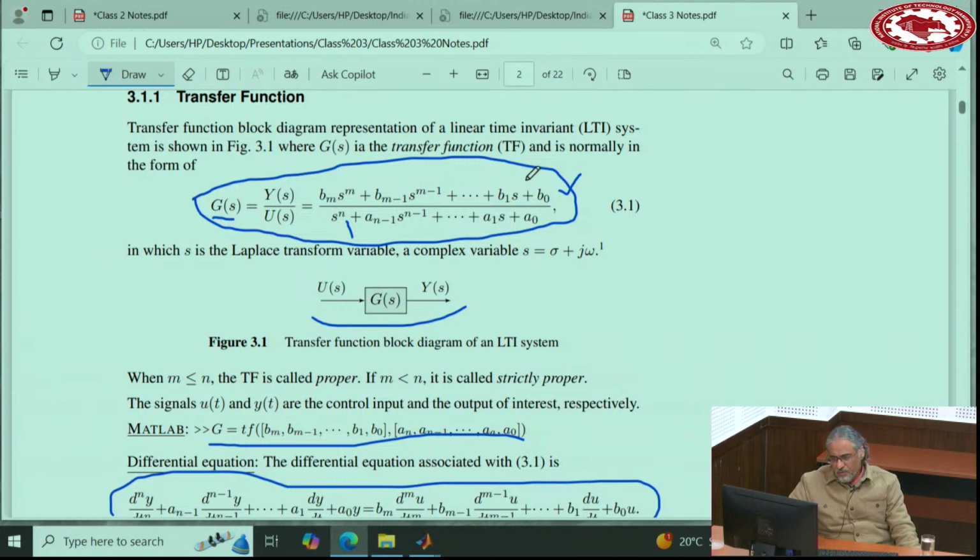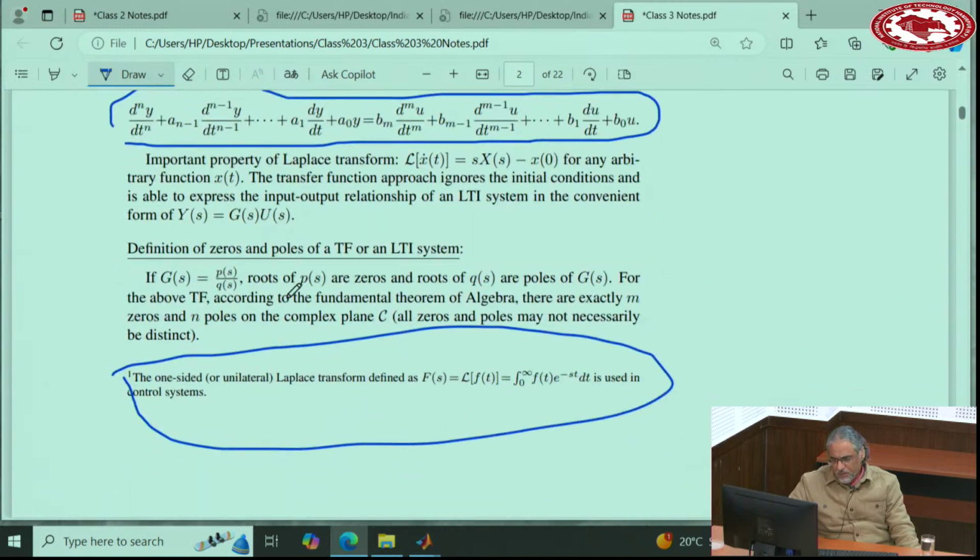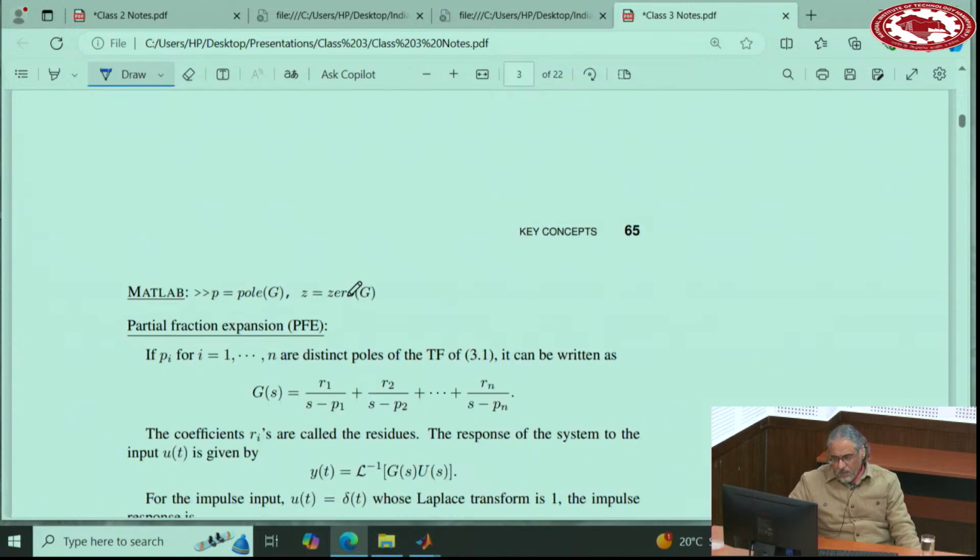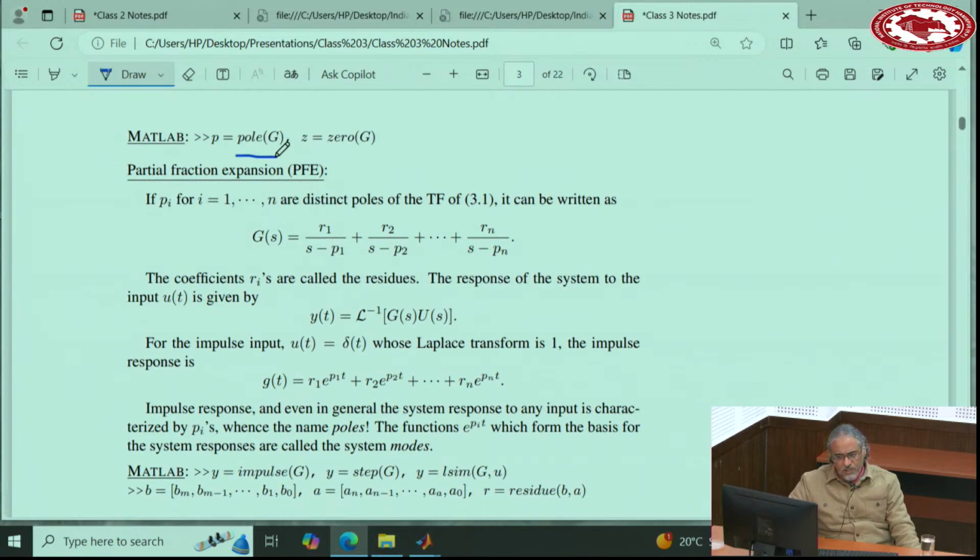And the roots of the numerator are called zeros of this system. Only a matter of definition. And poles and zeros, again, MATLAB can generate. As far as transfer functions, MATLAB can do everything. It's very powerful, and we use a lot of it these few days.